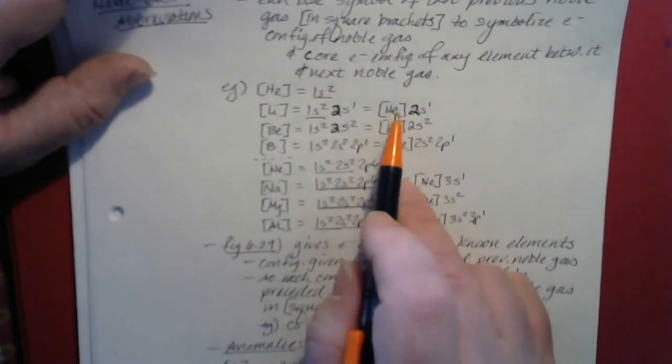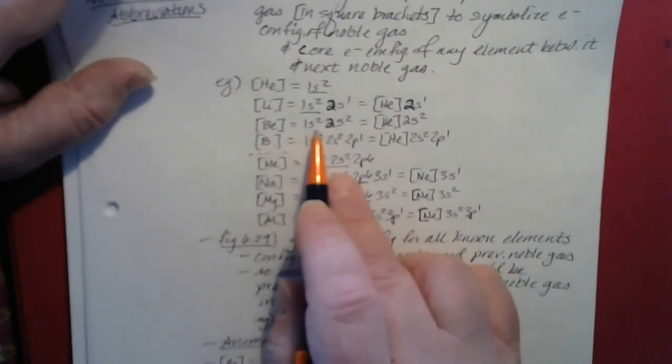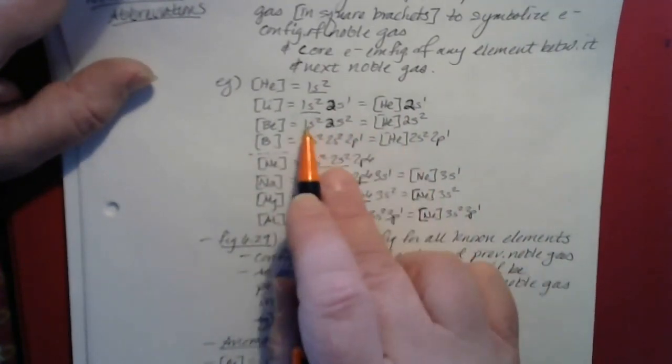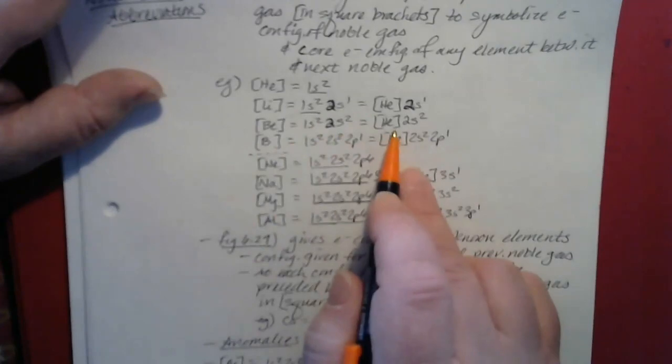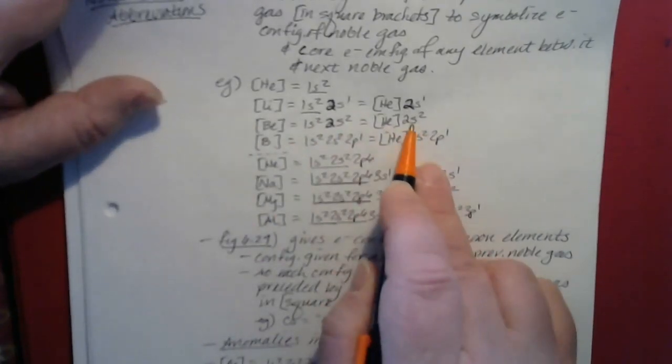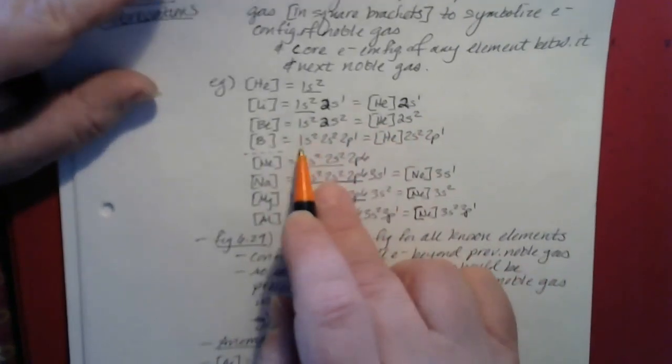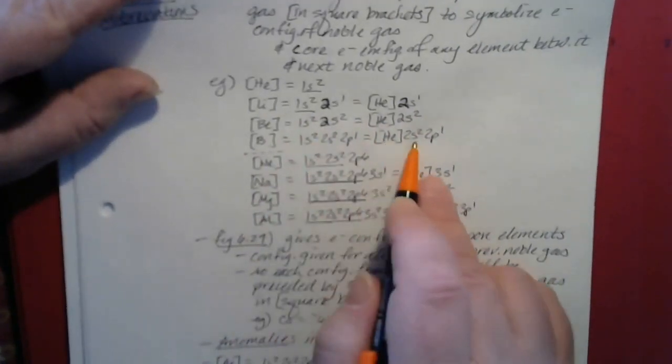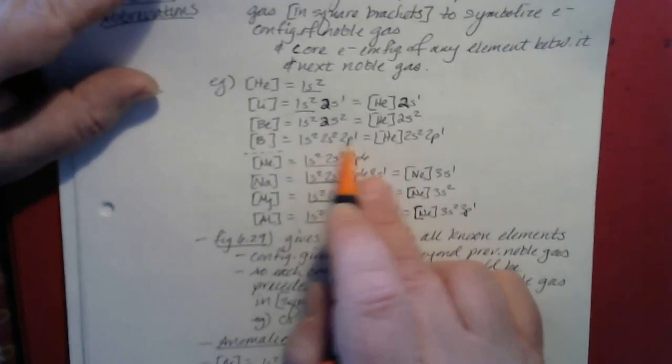Now, you don't really save a lot of work by doing that in the case of these smaller elements. Beryllium would be equivalent to 1s2, 2s2, or in other words, helium in brackets 2s2. And boron would be equivalent to helium 2s2, 2p1, because that's what boron has beyond what helium has.